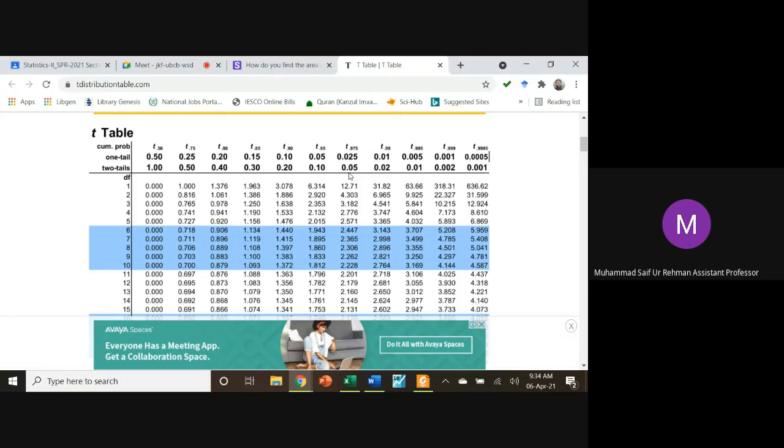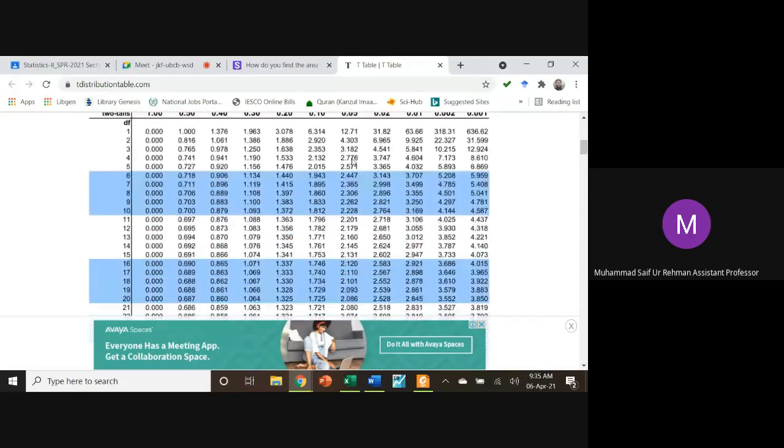So if you are considering straightforwardly without drawing the distribution, you may take this value. Otherwise, you will divide it by 2 to have single tail. So this is the value 0.025, or you may take this value. So against 19 degrees of freedom, you will come down.